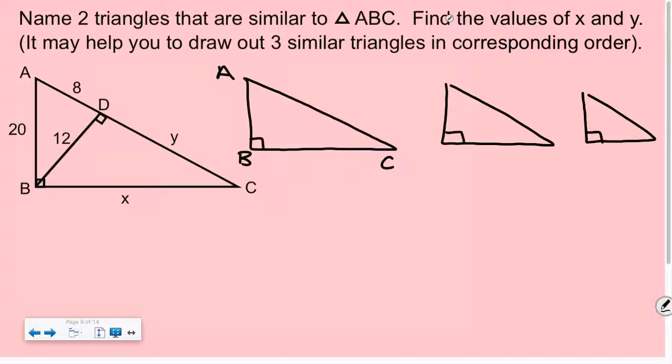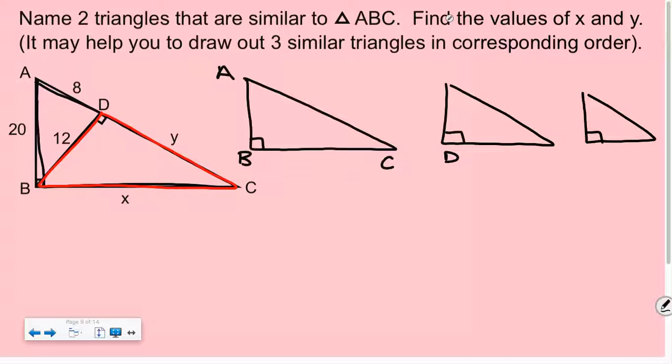The middle triangle is going to be my medium-sized right triangle, which is triangle DBC. So which vertex should I label at the right angle? D. Now looking at triangle ABC, the big guy, and triangle DBC, this medium one, which angle do they both share?